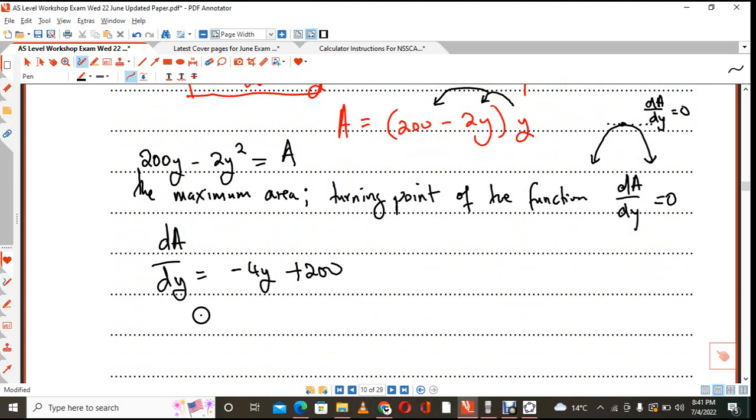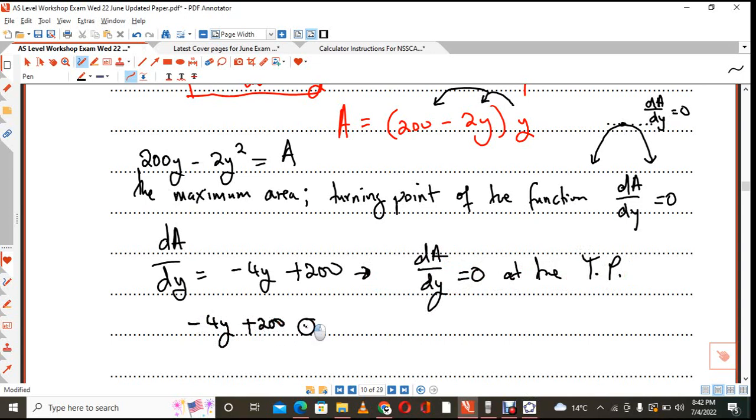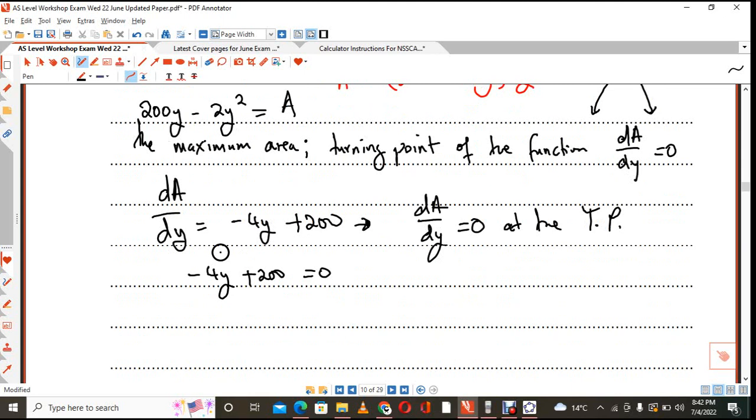At the turning point, we know that dA/dy equals 0. At the turning point, like I said before, so that's minus 4y plus 200 equals 0. Now, you simply solve for y. So minus 4y equals negative 200. That is y will be negative 200 divided by negative 4. Therefore, y is 50.